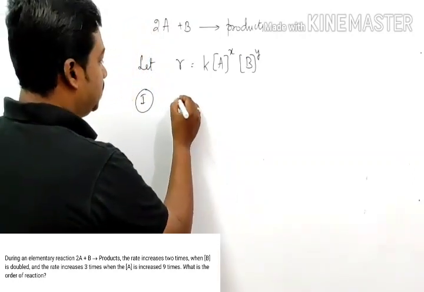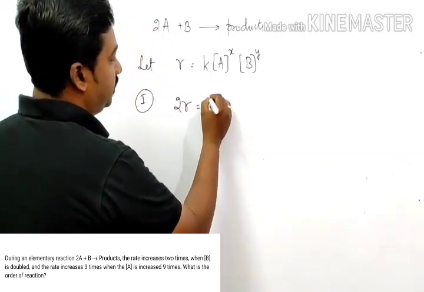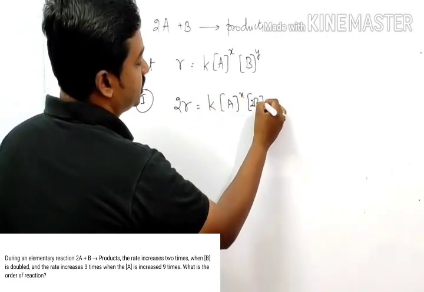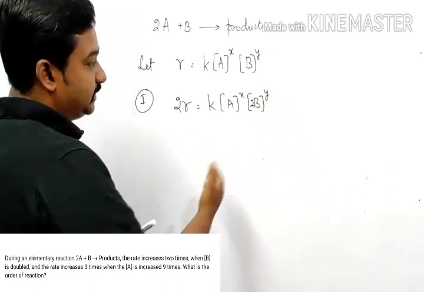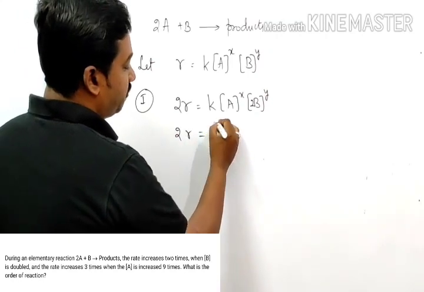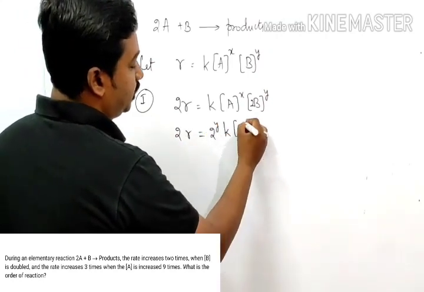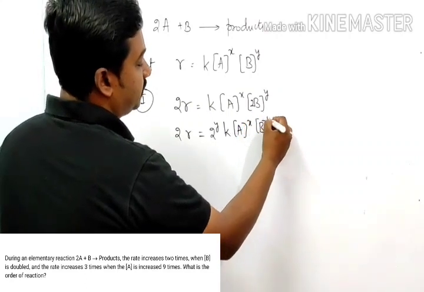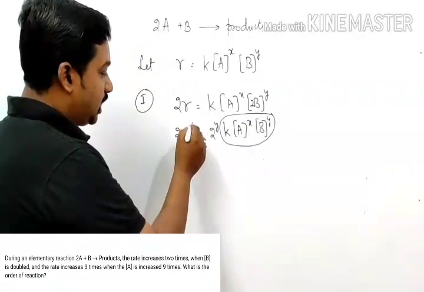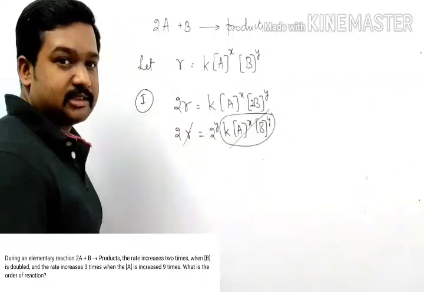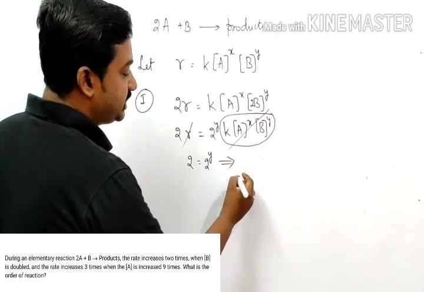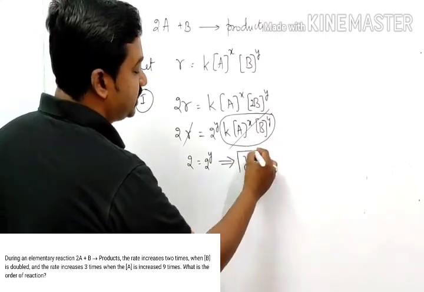So rate becomes 2R when the concentration of B has changed 2 times, so 2B power Y. Take this 2 outside, then you will get 2R is equal to 2 power Y into K into A power X into B power Y. Now this term is again R, that is rate. So R here and R here get cancelled. So we get 2 is equal to 2 power Y. From this information we can conclude that Y is equal to 1.